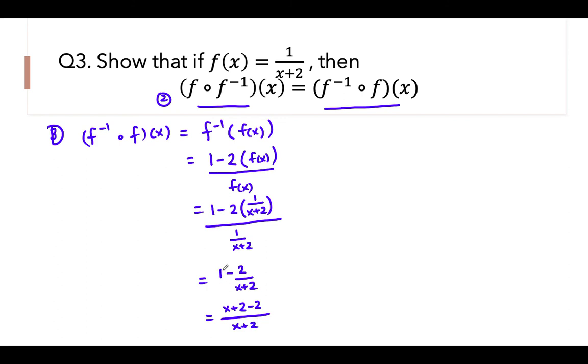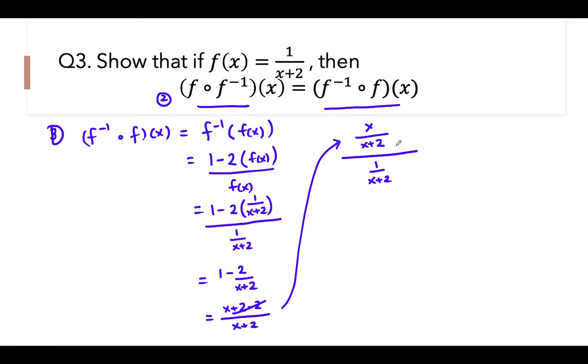I multiplied 1 by x plus 2, top and bottom, to make the same denominator. Then you will notice that these two cancel out. So for the numerator only, it's going to be x over x plus 2, over 1 over x plus 2.